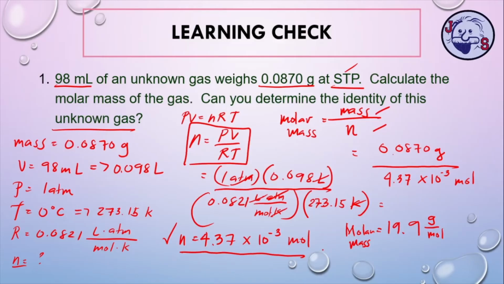To complete the statement, the unknown gas is neon. So that is the third sample problem for the ideal gas law.